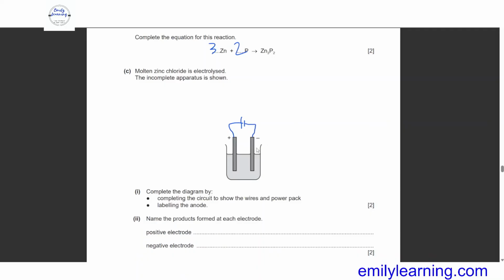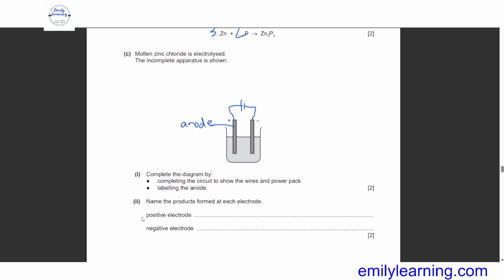Okay, so now I am done with drawing the wires leading to the battery. Next, I need to label where the anode is. So the anode is basically the positive electrode, right? So this is the anode. Okay, done.